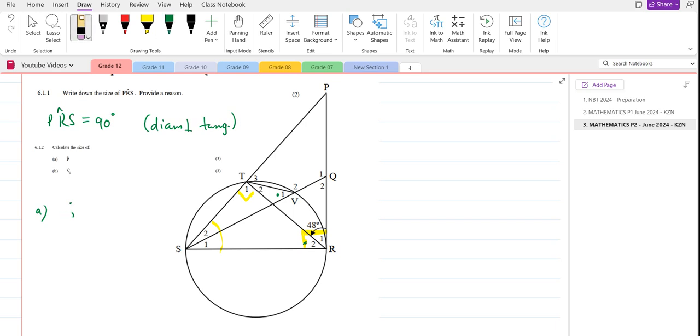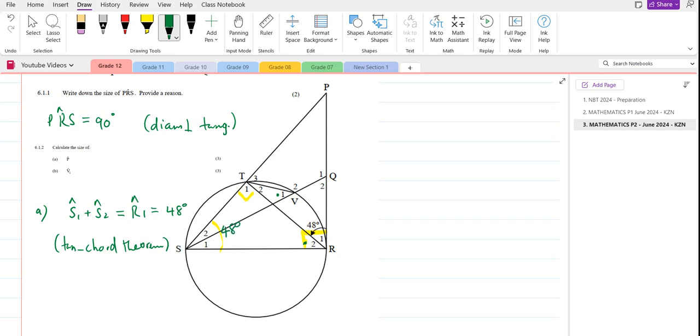I don't like to use 3-point notation. So I'm going to say angle S1 plus angle S2 is equal to angle R1, which is equal to 48 degrees. And what's the reason for this? The reason for this is tan chord theorem. Right, so this entire thing is 48.